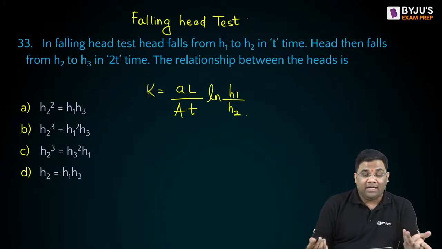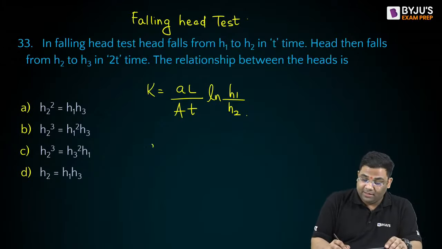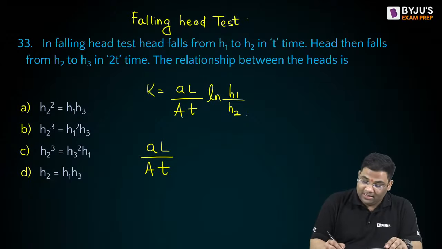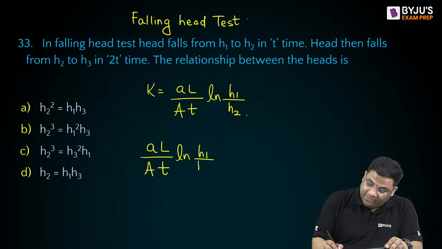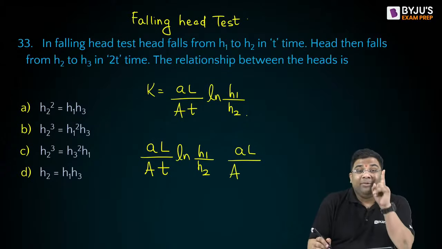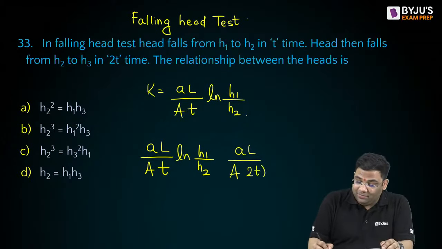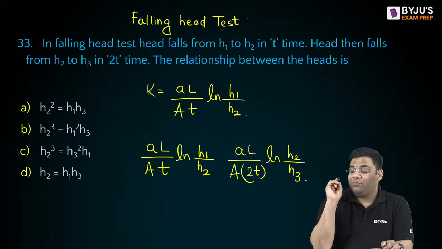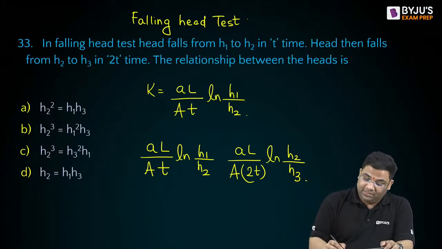If the soil is the same, for the first condition, it falls in time T, ln H1 to H2. For the second condition, it falls in time 2T, ln H2 to H3, because it falls from 2 to 3. A L gets cancelled, A A gets cancelled, T T gets cancelled, 2 is remaining.